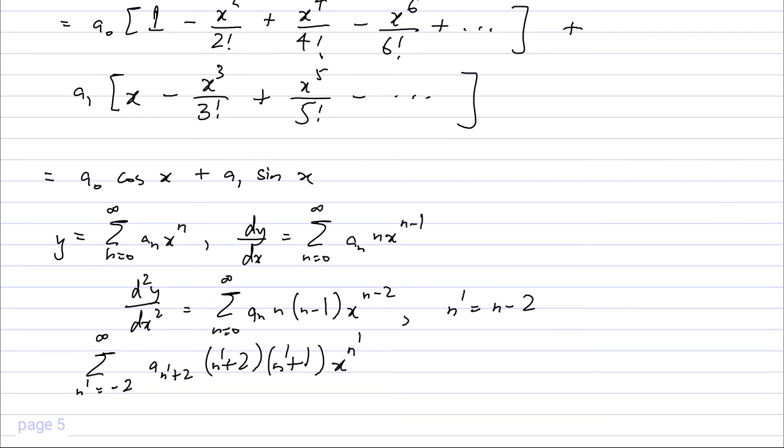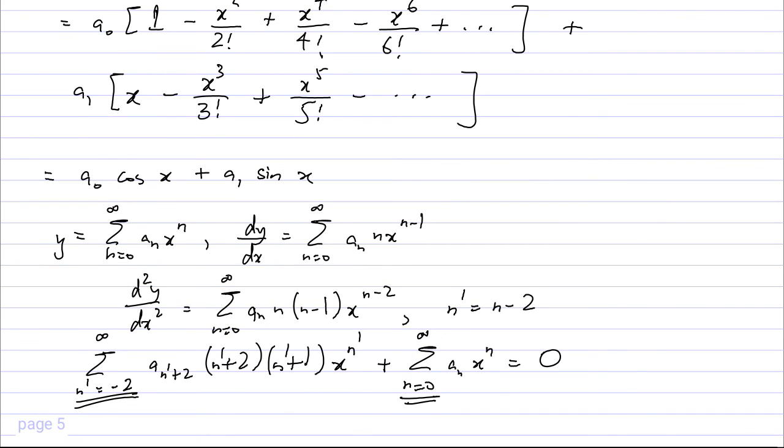Okay, now of course you have to combine this with y, right? They almost look the same, except that the sum over here is from 0 to infinity. The sum over here is from n prime equals minus 2 to infinity. Okay, but you could recognize that the term corresponding to n prime equals minus 2 is 0 because of this factor, and the term corresponding to n prime equals minus 1 is 0 also because of this factor.